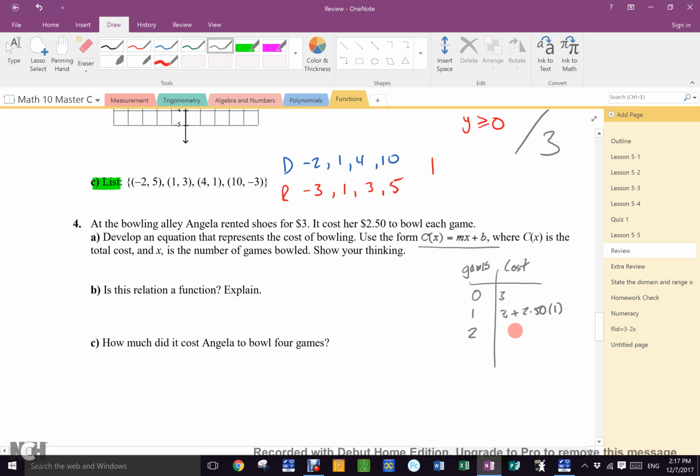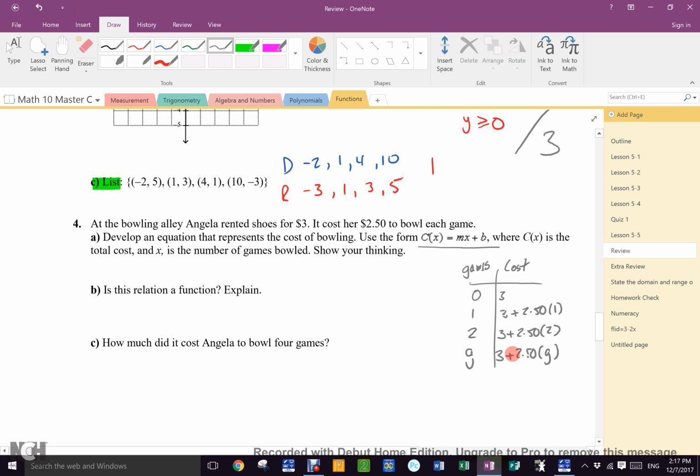What if I play 2 games? Do I pay that $3? Do I pay that $2.50? How many times? Twice. What if I play G games? Do I pay that $3? Do I pay that $2.50? Times what?